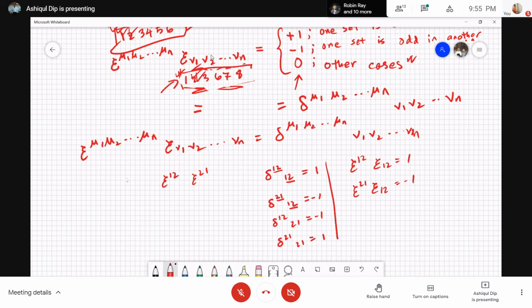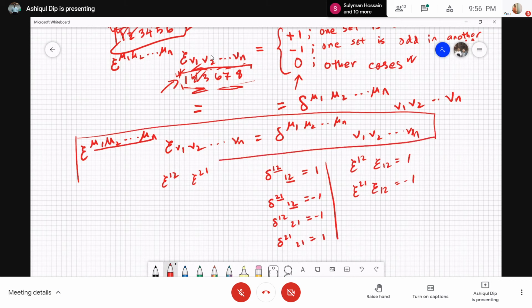It cannot be arbitrary. The number of indices matters to have this definition of Kronecker delta, but this way we can actually define Kronecker delta in many other ways as well.